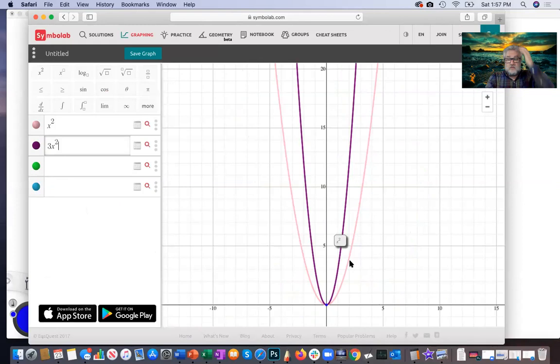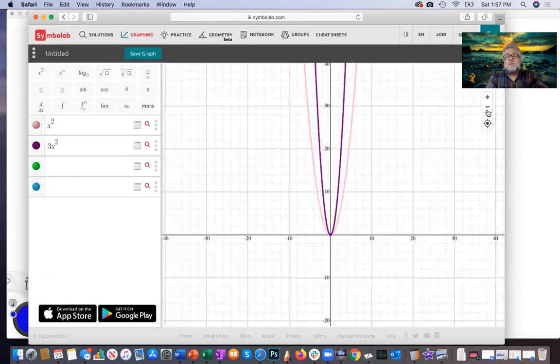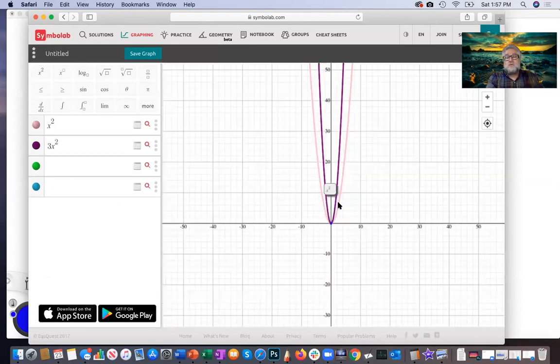So it looks like it narrows it, but really what happened was the point that was right here, whatever point I would have gotten, for x equals 4, 4 squared is 16, so I'm up here at 16. Really, it's 3 times bigger, and it's way up here at 48. So we took that point that we would normally get with the normal x squared function, and we stretch it way up here. So that's a vertical stretch, okay?